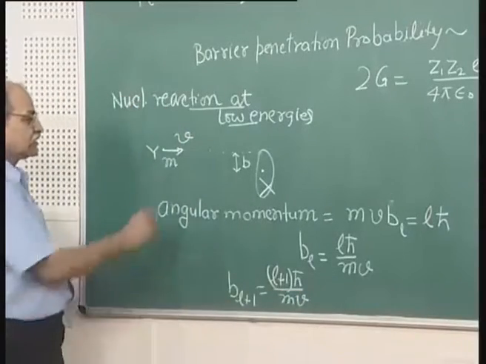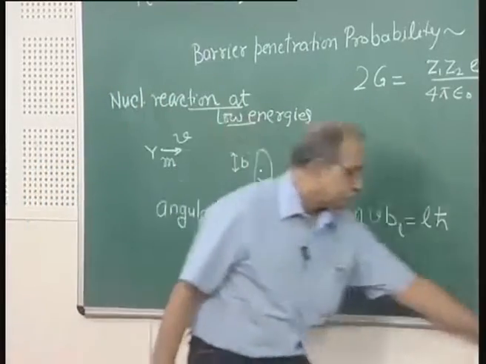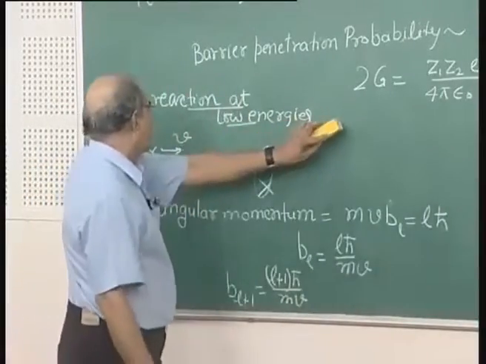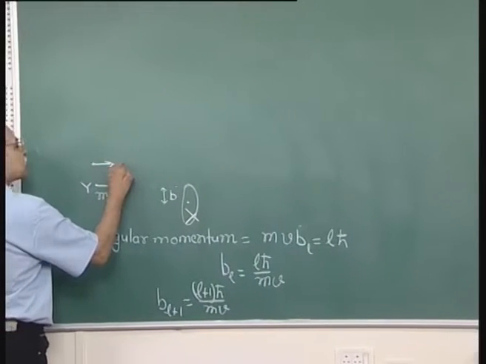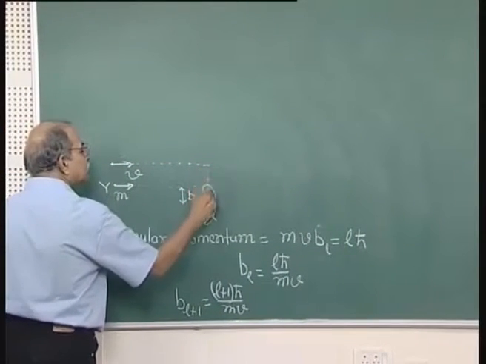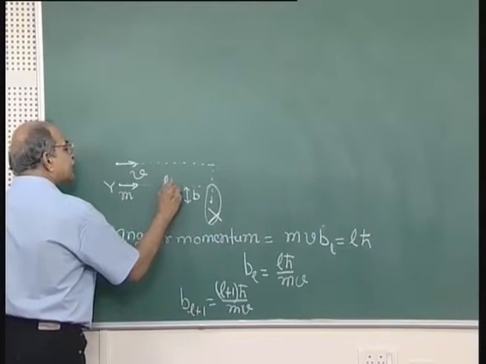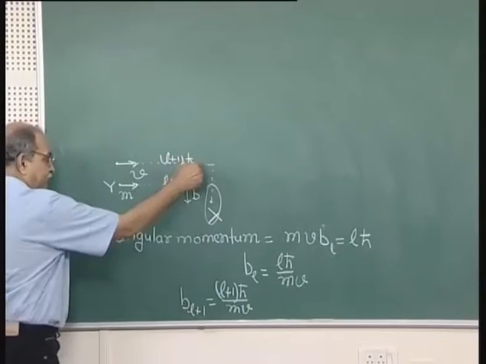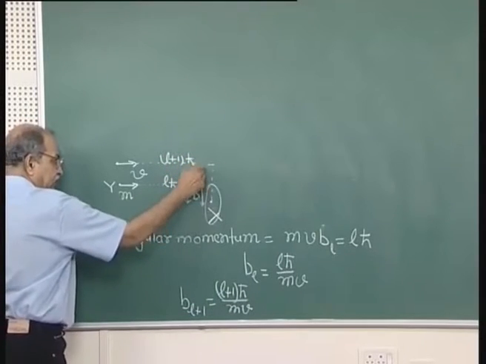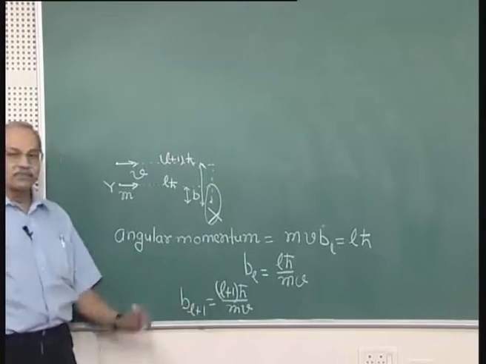What happens? So, these are the nuclei which are coming like this. So, this corresponds to, let us say, L h cross, this corresponds to L plus 1 h cross. For them this B here will be given by this.